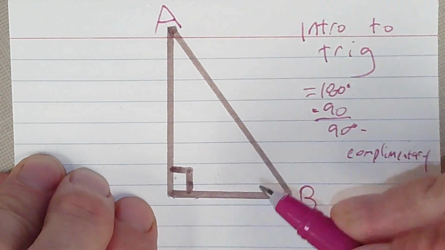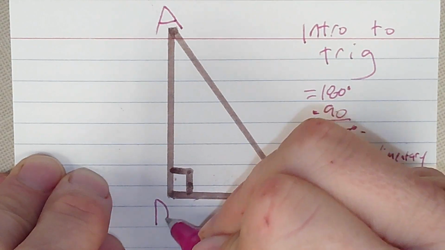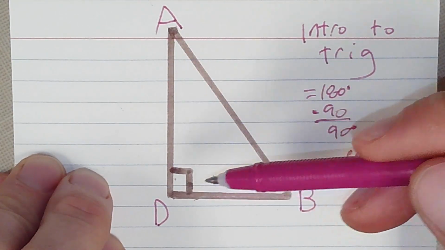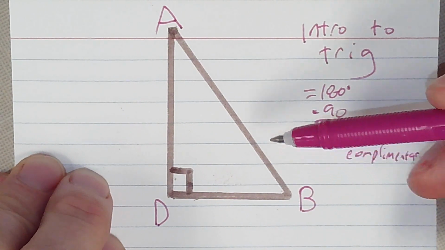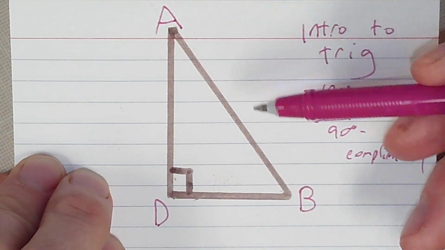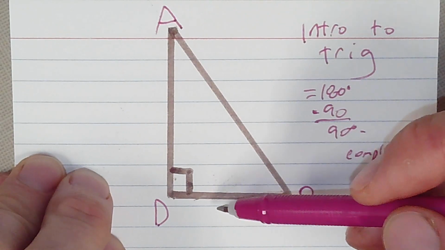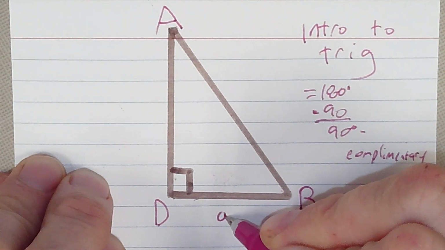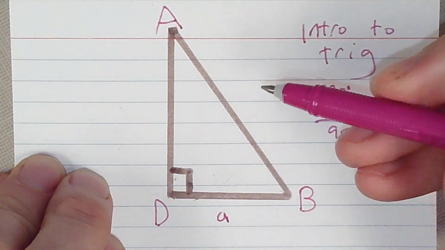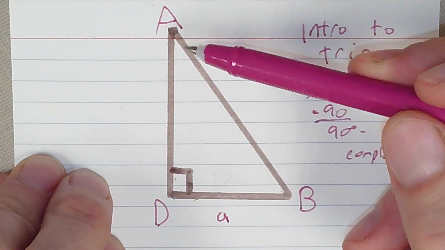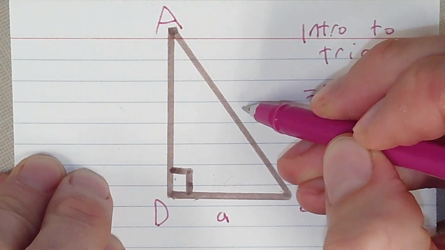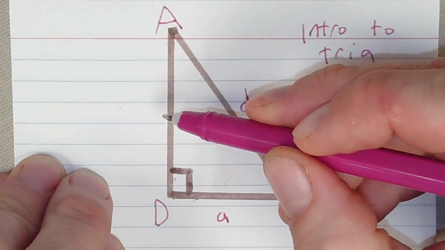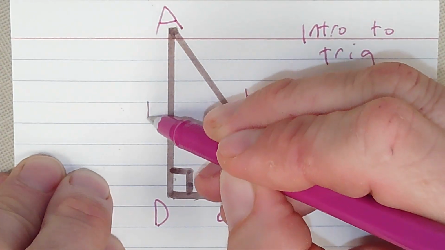I'm going to call this one D. I choose these because the lowercase letters of these look way different than the uppercase letters. So this line segment here is little a. It's opposite of this angle. This line segment is little d, and this line segment is opposite of its angle b.